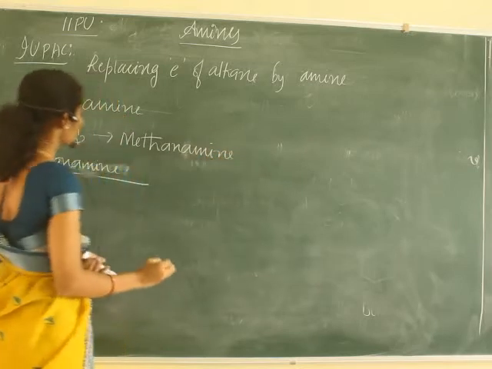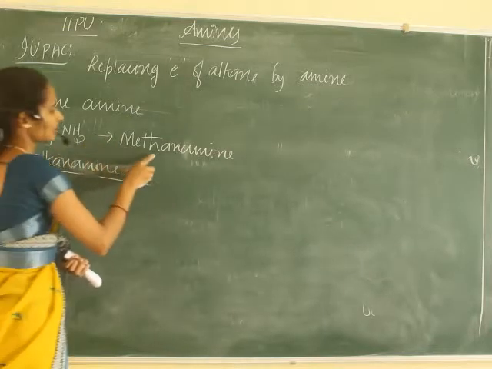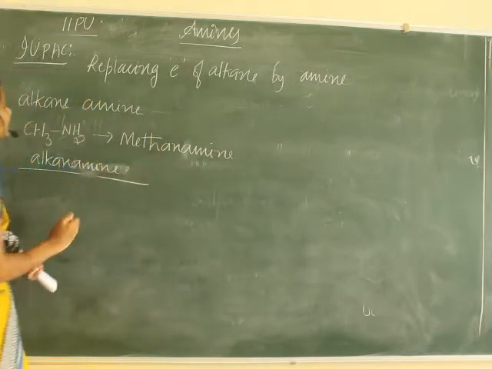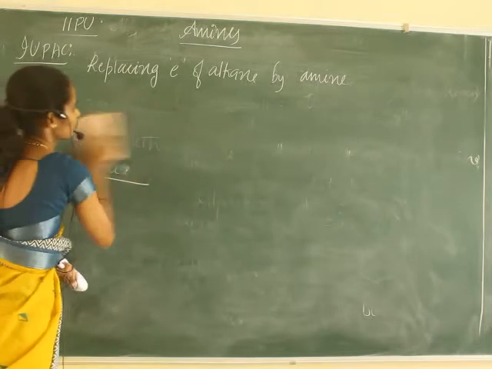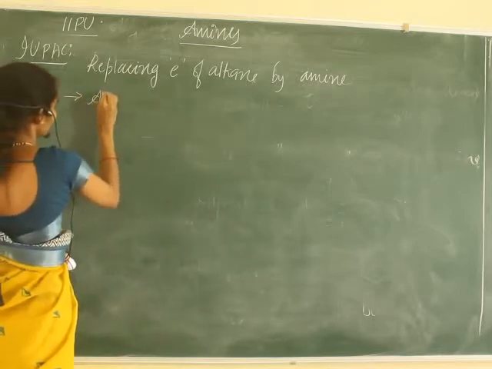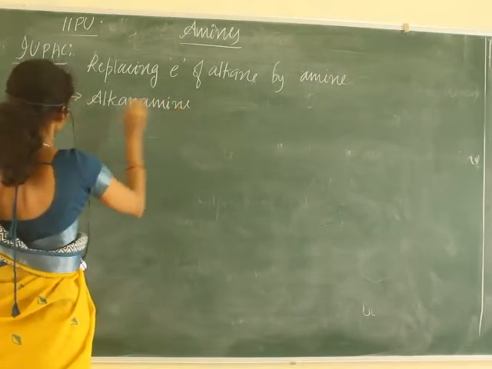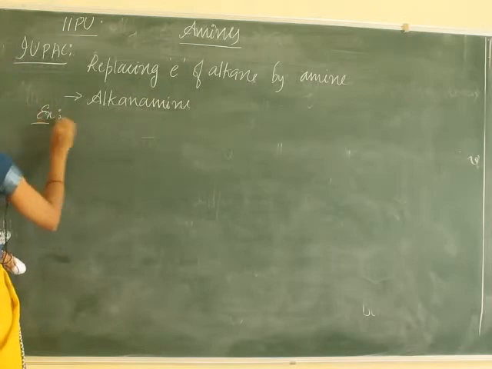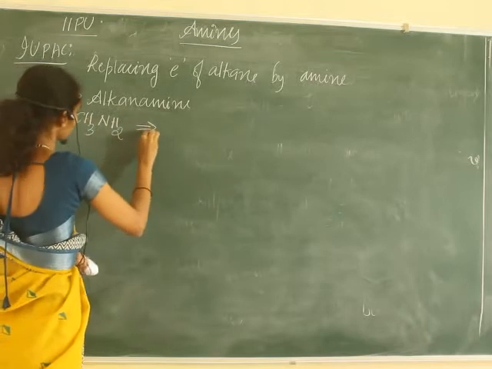Methanamine is the IUPAC name of methylamine. The common name is methylamine, and the IUPAC name is methanamine, by replacing the E of alkane by amine.